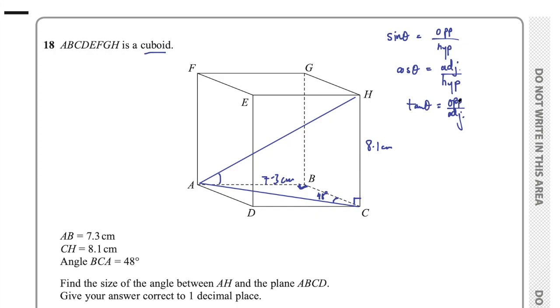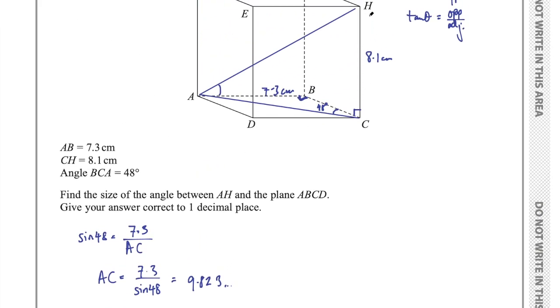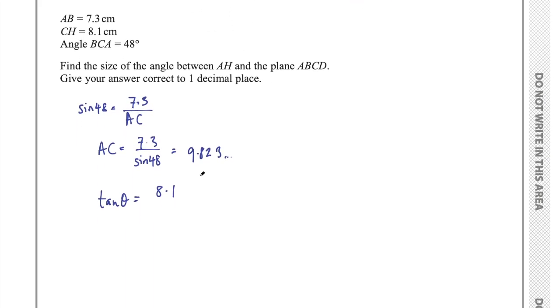That will be the tan ratio, opposite and adjacent. I have those two sides, and this will give me the angle. So then, using the tan ratio, I can say tan of theta is equal to the opposite side, which was 8.1, this side here, and the adjacent side is AC. We just got an answer for that of 9.82 approximately.